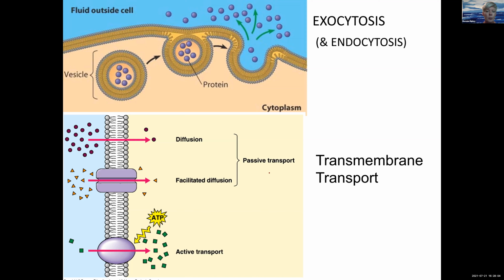So remember, the cell membrane is made of two layers of phospholipid molecules. They have the water-loving or hydrophilic phosphate heads towards the watery side. Now, when we have a cell membrane, both the outside of the cell and the inside of the cell are watery, right? They're water solutions.